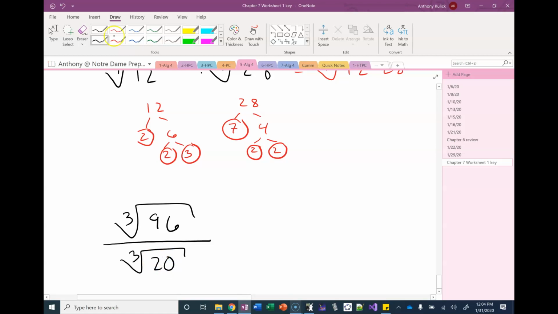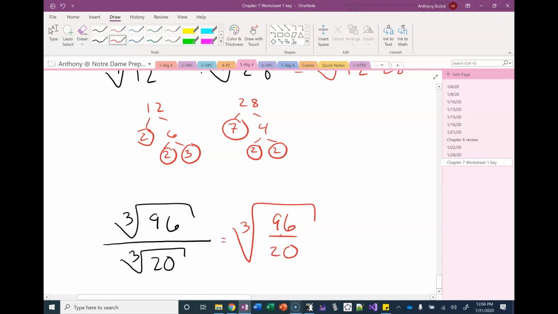Let's say we have the 3rd root of 96 divided by the 3rd root of 20. What should I do here? So let's do this first and write it as a single radical.